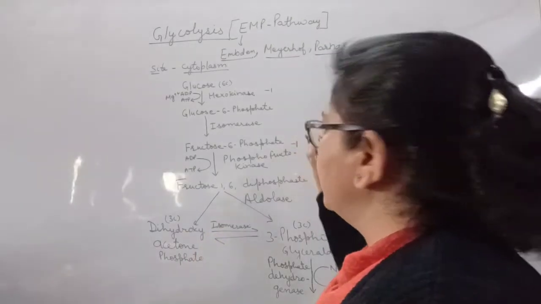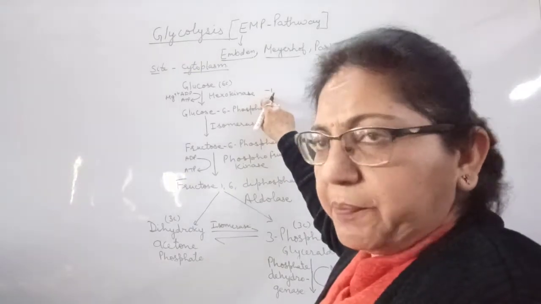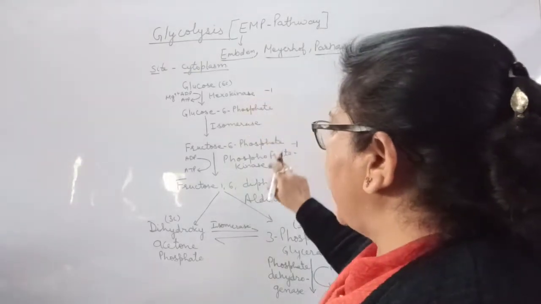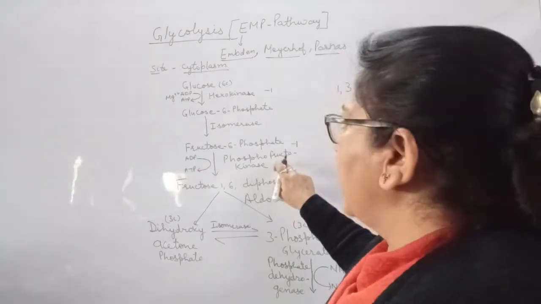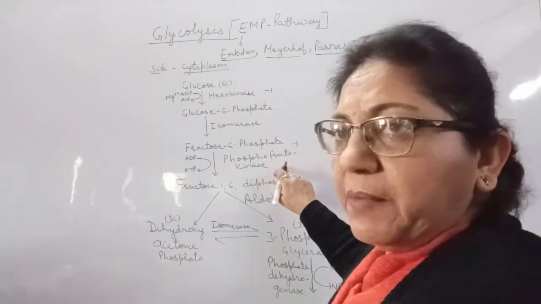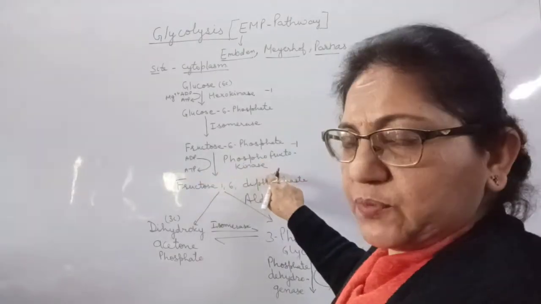Again we consume ATP. So the first and third steps of glycolysis are those in which we are consuming, utilizing energy in the form of a phosphate.